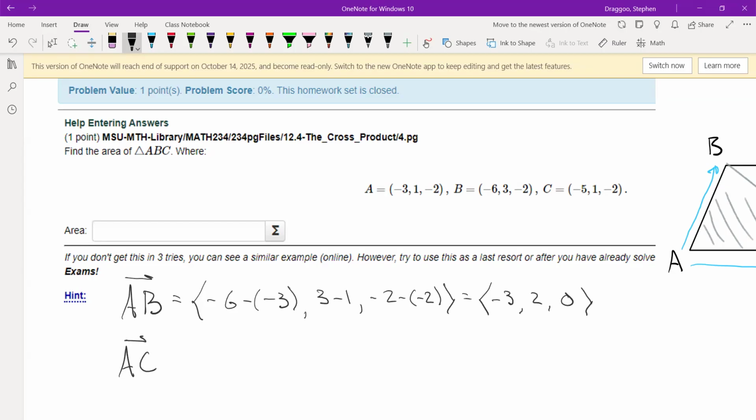Repeat that process to get AC, or the vector that goes from point A to point C. So I want C minus A. That looks like -5 minus -3, 1 minus 1, and -2 minus -2. In the end, (-2, 0, 0).